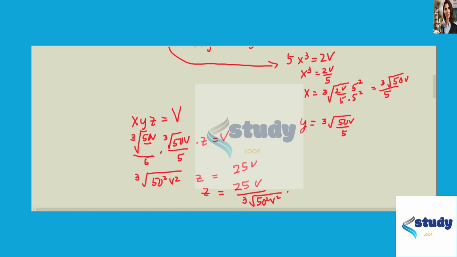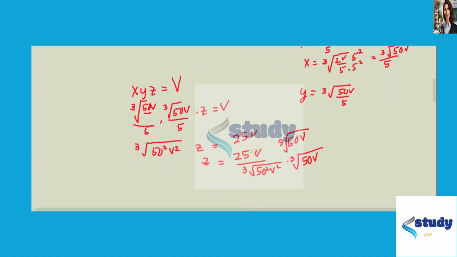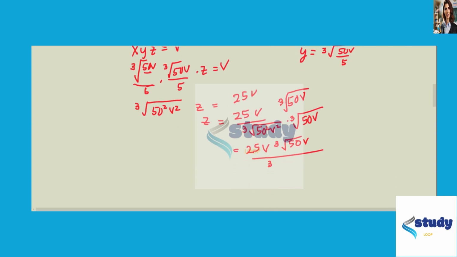I'm going to multiply by the cube root of 50V. So I get 25V times the cube root of 50V over the cube root of 50 cubed V cubed.